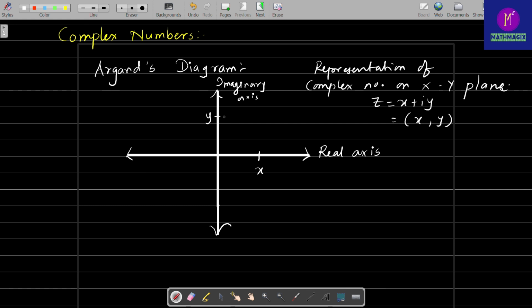So here this is the point that we have, which is nothing but x comma y. That is nothing but x plus iy, and that is our z complex number. So this is the way we can represent a complex number on the complex plane, or you can say that this is nothing but the Argand's diagram.